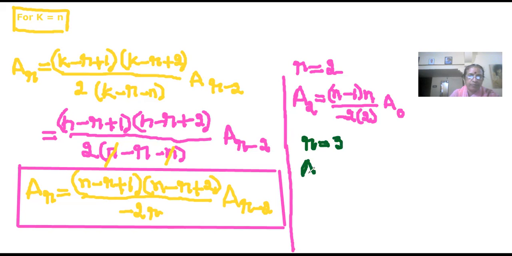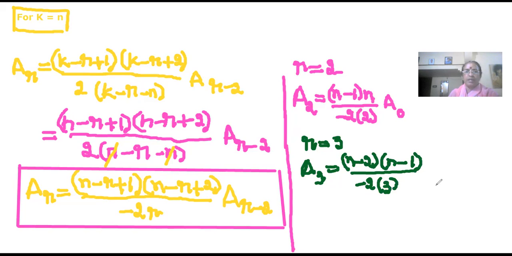A3 equal to N minus 3 plus 1, that becomes N minus 2, into N minus 3 plus 2, that means N minus 1, whole divided by minus 2 into 3, into A R minus 2, that is 3 minus 2, which means A1.